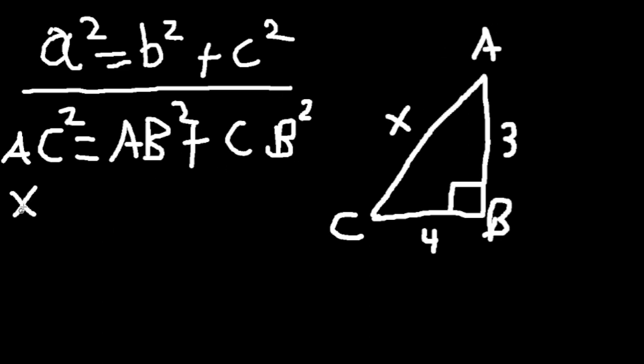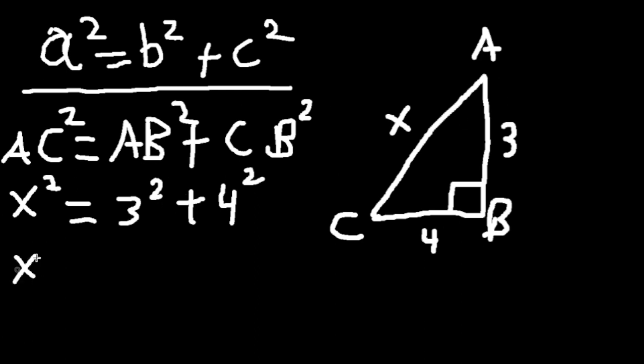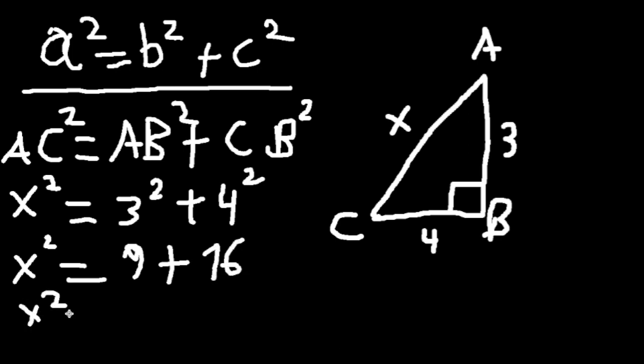So x squared is equal to 3 squared plus 4 squared. Okay, so now x squared is equal to 3 squared, which is 9, while 4 squared is just 16. x squared is 25.